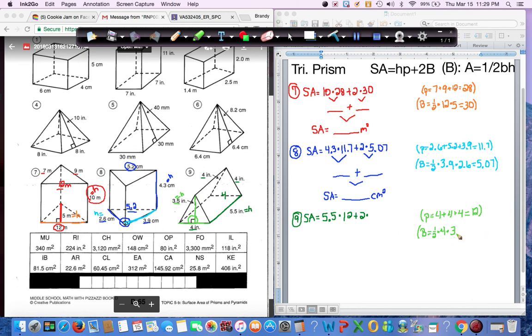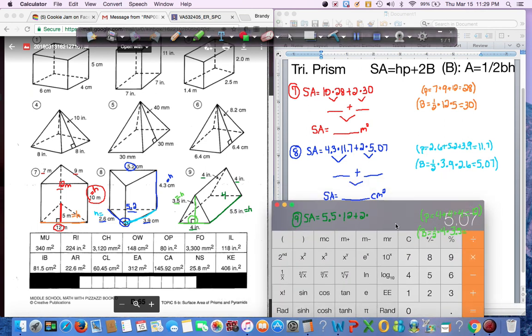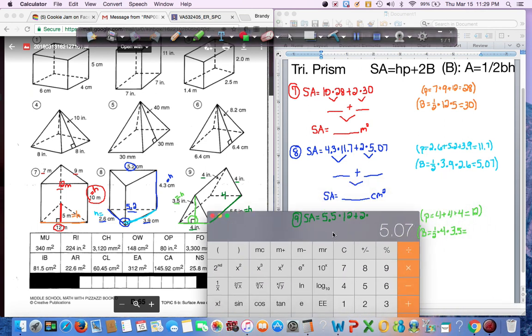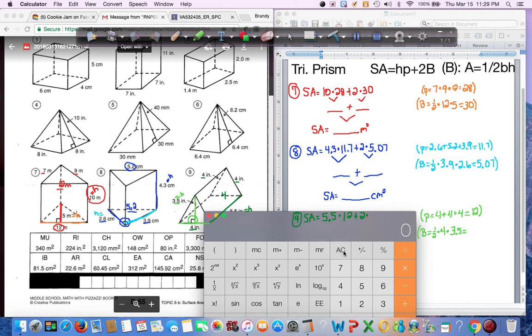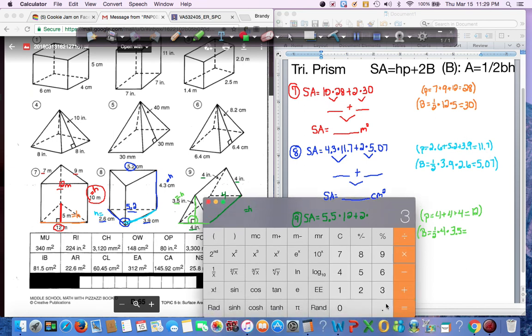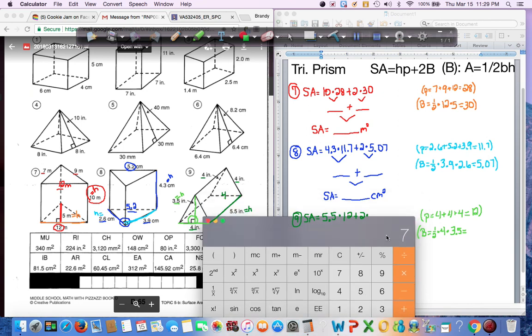Now there is a decimal, so you know I'm grabbing that calculator one last time. Alright, so grab our calculator. Okay, put it down here. And we have 1 divided by 2 times 4 times 3.5 equals 7. Oh, well, that was nice.